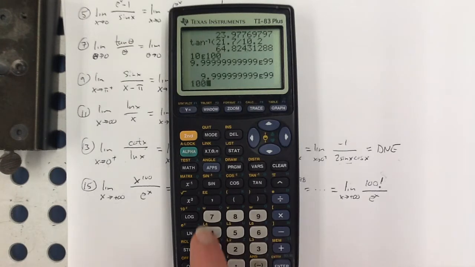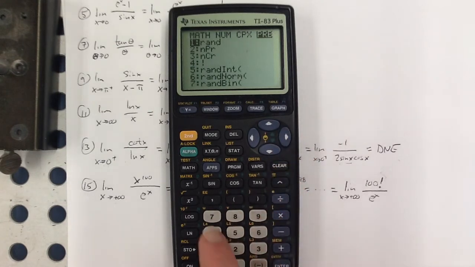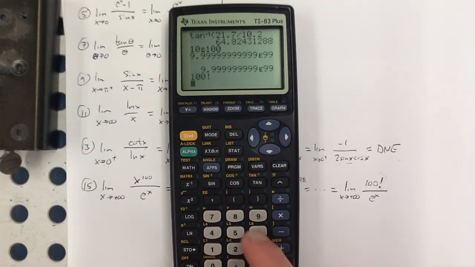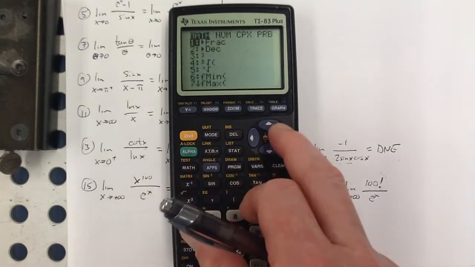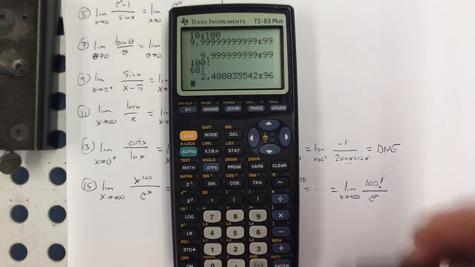Do you know what 100 factorial is? Oh, it's bigger than that. So it's a very large number. 100 factorial. I mean, 100 is not a very big number, so you just put that little factorial sign after it. And yeah, that's a big number. So I think maybe, let's see, 68 factorial. I don't remember what is the biggest one that your calculator can handle.